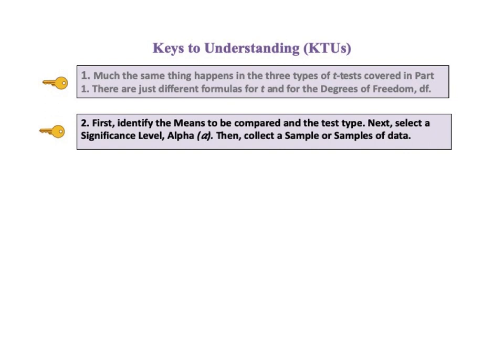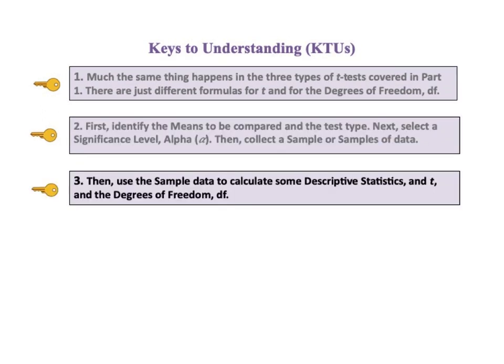Next, select a significance level alpha, and then collect a sample or samples of data. Key number 3 says, then use the sample data to calculate some descriptive statistics, N, t, and the degrees of freedom, df.